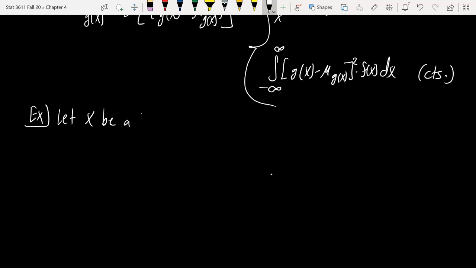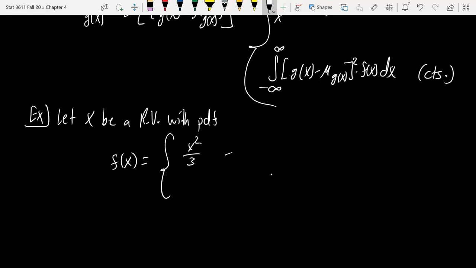So let's say x is a random variable with PDF f of x equals x squared over 3, where x goes from -1 to 2, and it's 0 elsewhere.